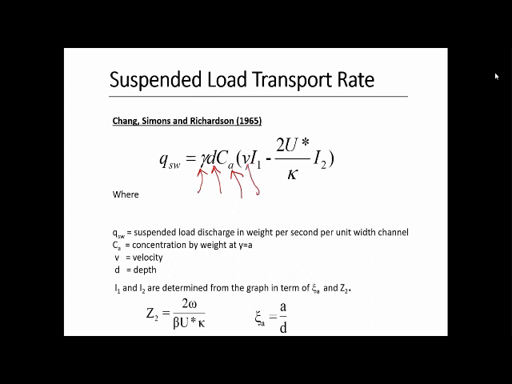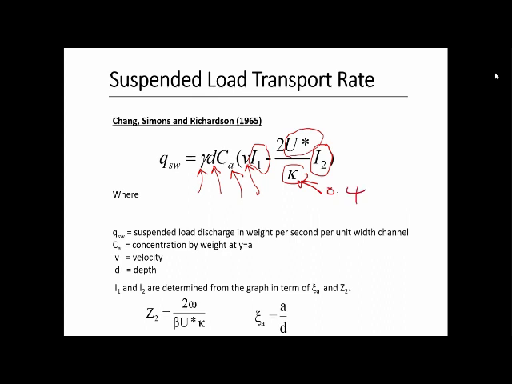V here is your velocity. Ini bukan kinematic viscosity. So V here is your velocity or average velocity, and multiplied by the I1. So I1 ni dia adalah transport function also. And also I2, also a transport function, which you need to use the graph to determine. And then you have this U star, your shear velocity, and then this K is your von Karman constant, which is 0.4.